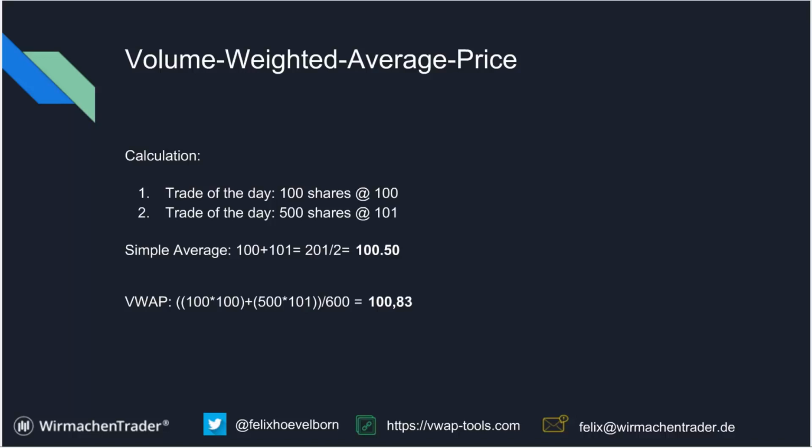The second trade of the day takes place at $101. A simple moving average would just take both prices, add them together, 100 plus 101, which equals 201, and divide that by the number of prices. So it's pretty easy to say, okay, a simple moving average would plot the price at 100.50.